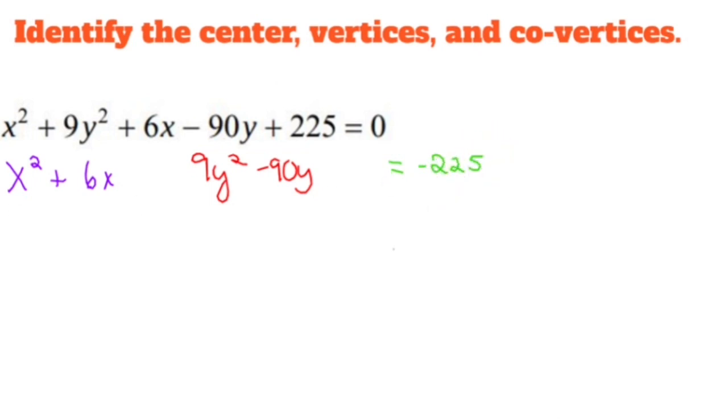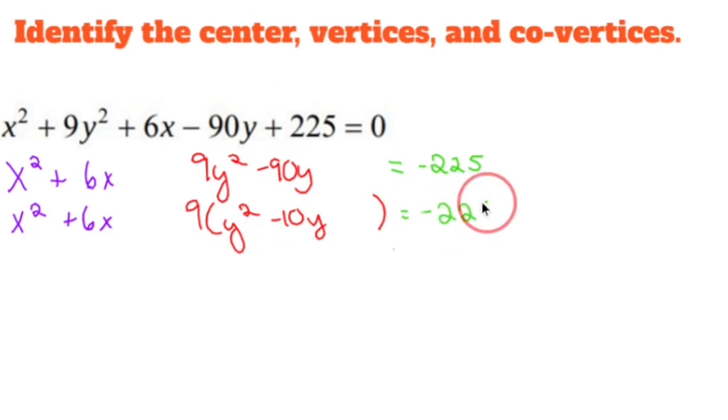Before I go any further, in order for me to do completing the square, I really want nothing in front of y squared. So let's rewrite this and factor out a 9 so we can, for the moment, pretend that there's nothing in front of y squared. So this becomes negative 10y, leave some space, set that equal to negative 225.